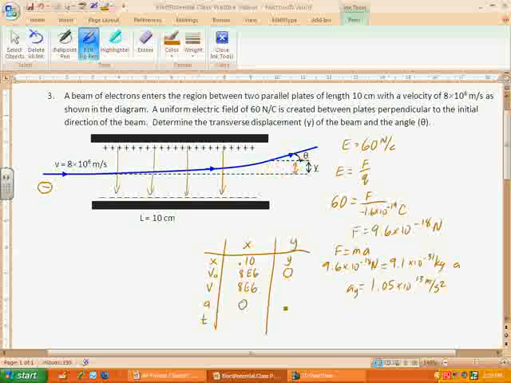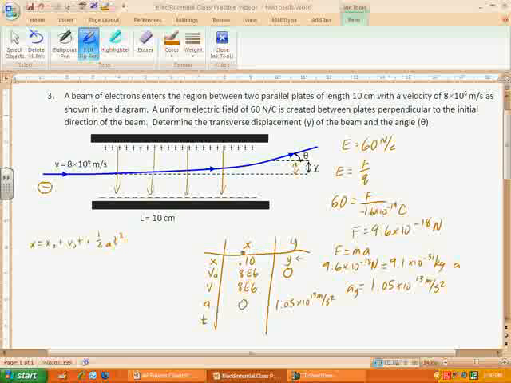Now the acceleration, we have that, 1.05 times 10 to the 13th meters per second squared. And we don't have the time. It looks like in order to get this y, we're going to need one other piece of information, which is probably going to be the time. So let's use our equation that says x equals x naught plus v naught t plus 1/2 a t squared, and we'll use that with the x information to get the time.